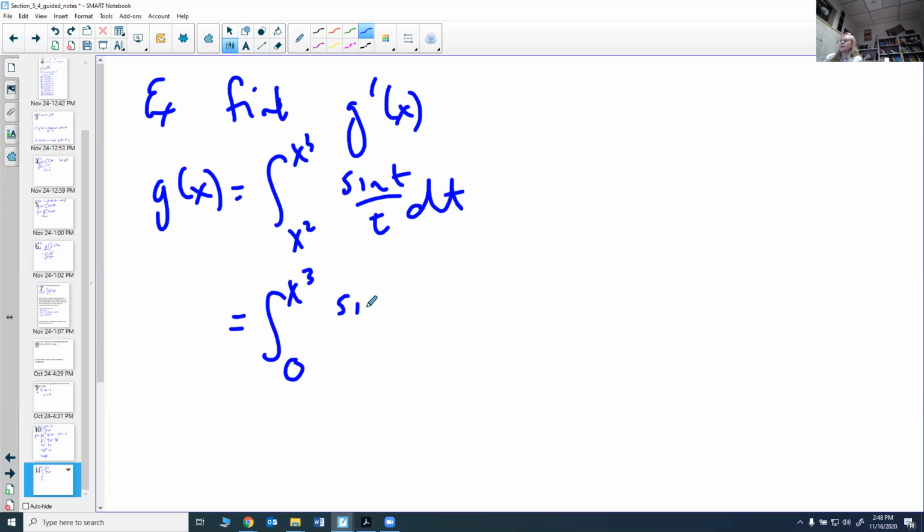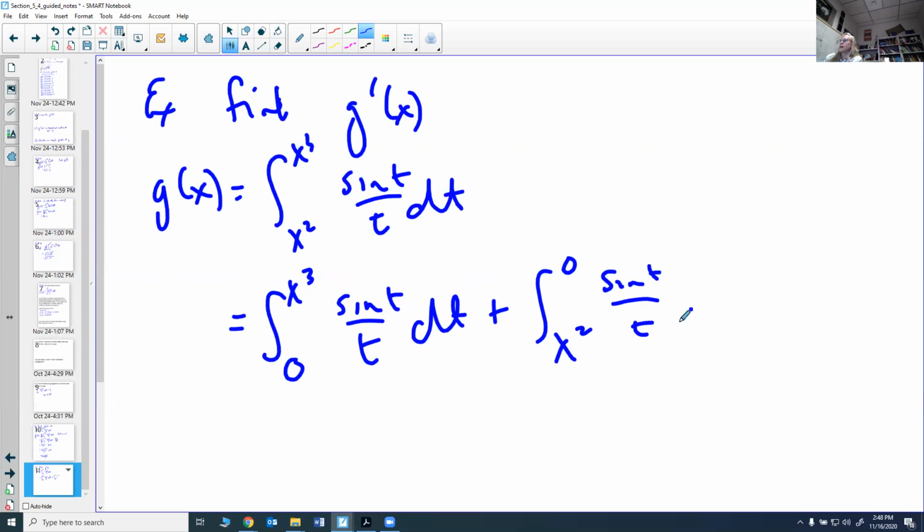So I can put in a constant, the integral from 0 to x cubed, plus the integral from x squared to 0, of sine of t over t dt. If I add these two integrals together, I do get the integral from x squared to x cubed of sine of t over t dt.